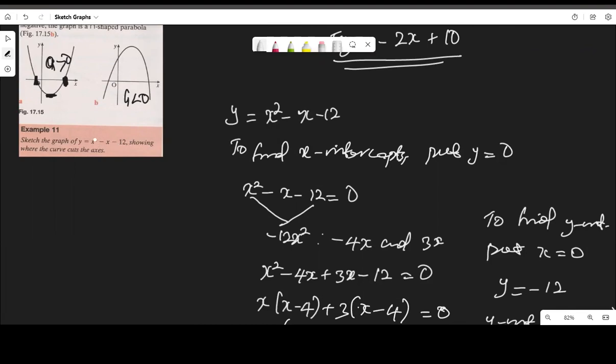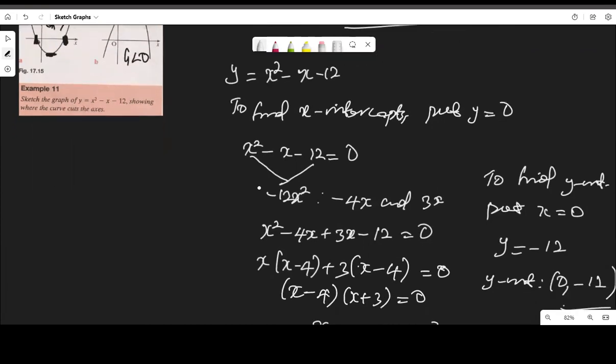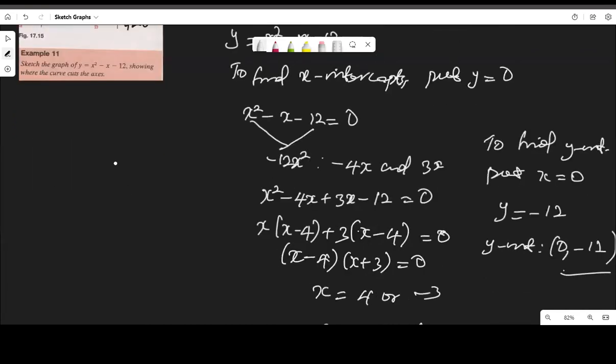And recall that here a is greater than 0. For a greater than 0, we have a U-shaped parabola. That is when the coefficient of x squared is positive. So draw the sketch graph right here. This is the y-axis. This is the x-axis.